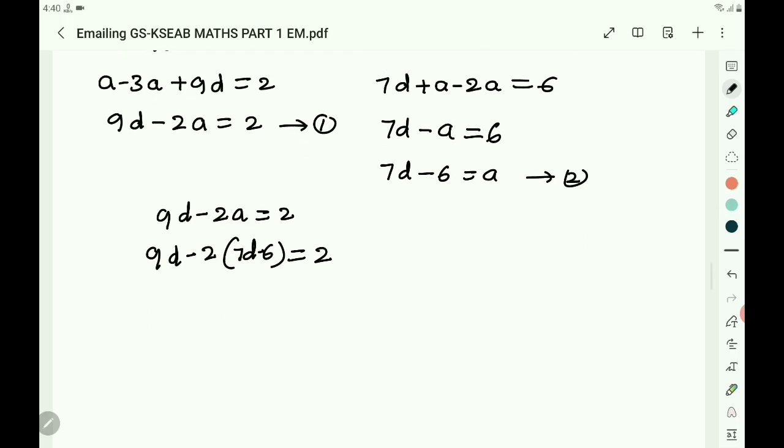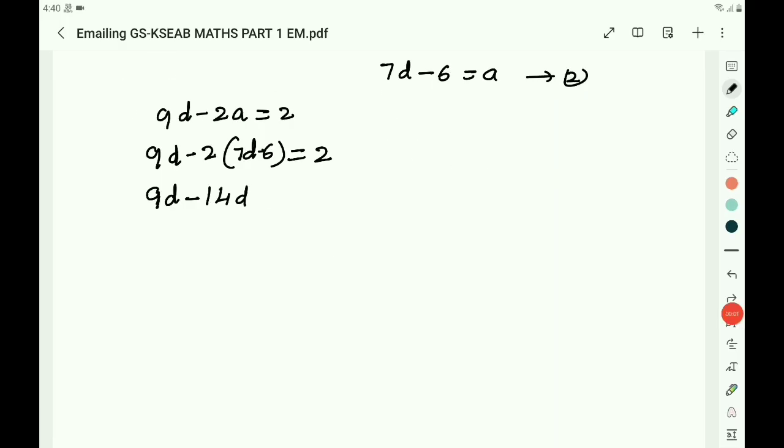Then it is 9d minus 2 into 7 is 14d, minus into minus plus 6 into 2, 12, plus 12 equals 2.